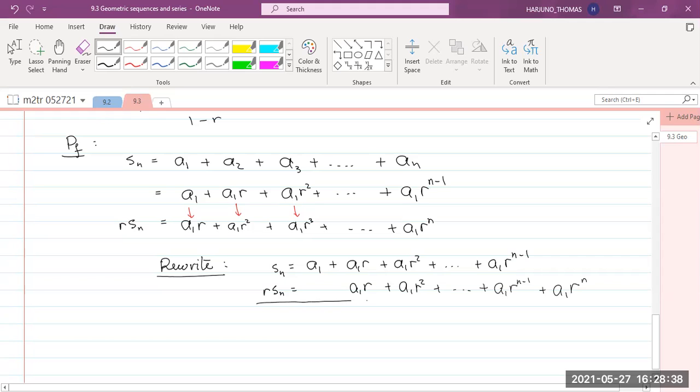When I subtract this, I get s sub n minus r times s sub n. And we have pairs that cancel here. So the first term minus the first term r to the n. Now, don't underestimate this technique, because even in Calculus 2, you will see this technique again. It is called telescoping.